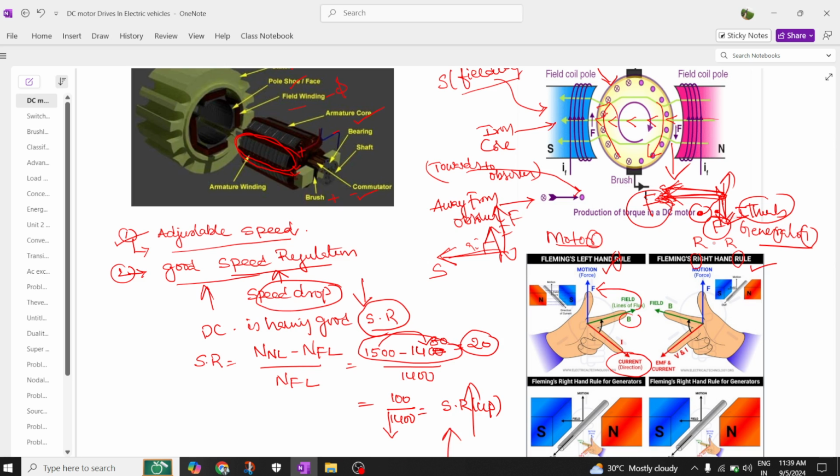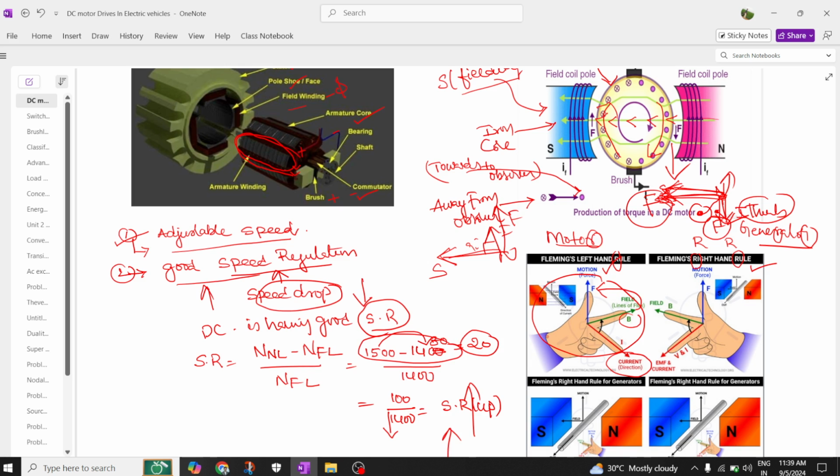This is how we find the direction of force experienced by the conductor inside the rotor. A dot indicates the current is towards the observer, and a cross indicates it is going away from the observer. You have to project your hands like this and apply it as I told. Your forefinger is in the field direction, the current is projecting towards you, and automatically the thumb will be in the downward direction.